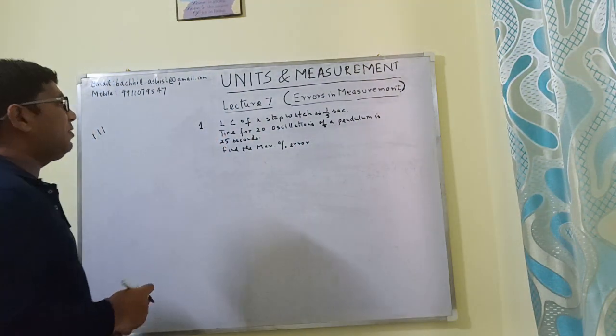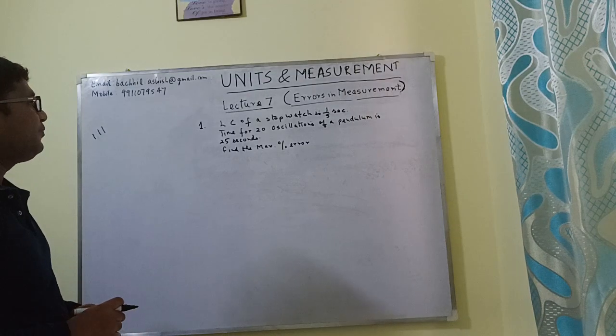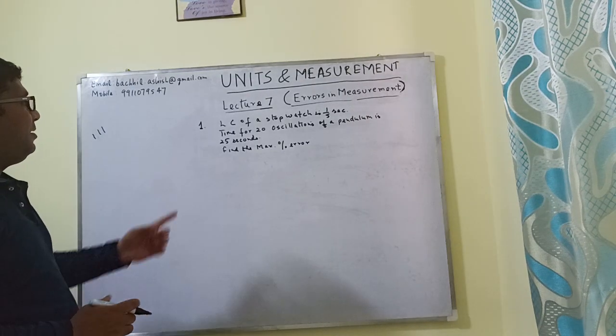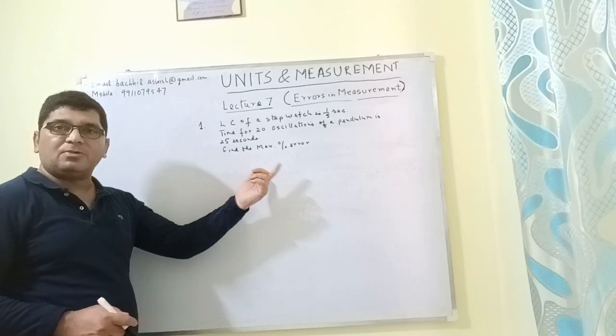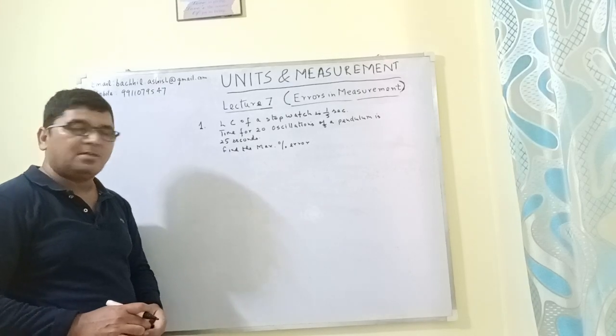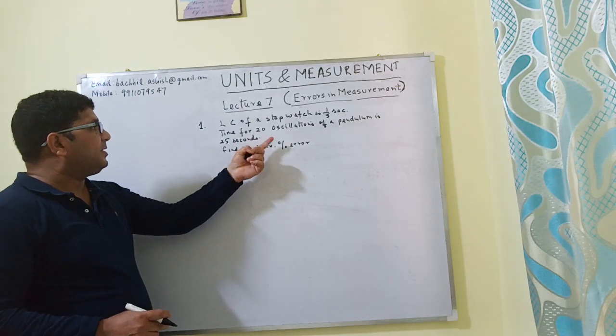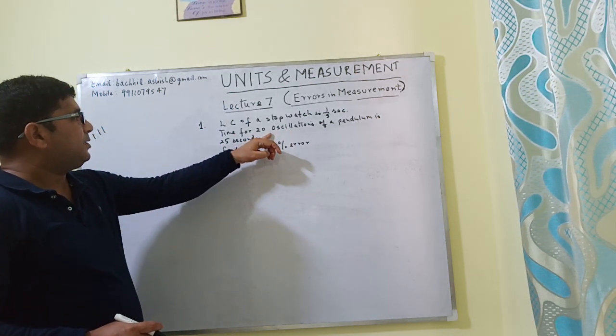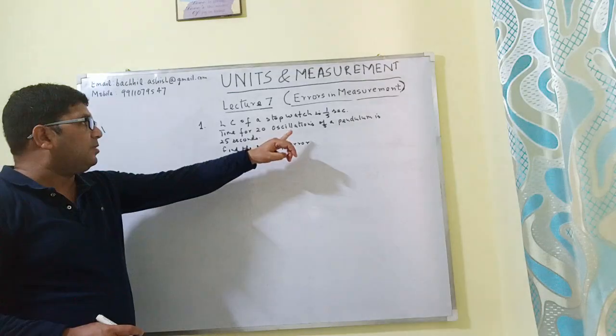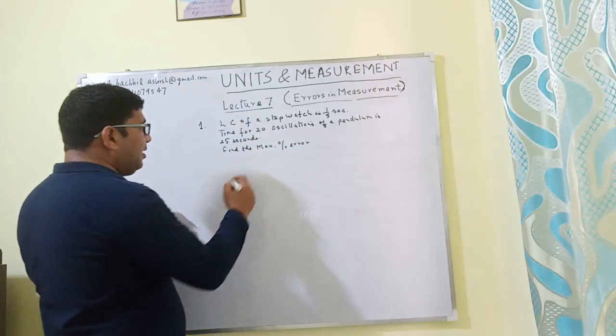The least count of a stopwatch is 1/5 seconds. It means that the least count error is equal to 1/5 seconds, or you can say the absolute error in the measurement of the 20 oscillations is equal to 1/5 seconds. Now the percentage error.